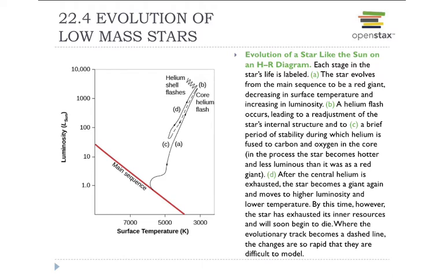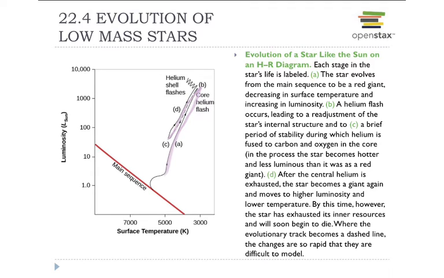So let's look at the evolution of low-mass stars. We talked about it swelling up and a helium flash. Well, that's not the entire story. So we will see that a star turns off from the main sequence, that hydrogen will turn into helium, and it will have kind of a helium flash where it swells up. But it burns through that fuel very rapidly, and gravity once again will win and reduce that star.